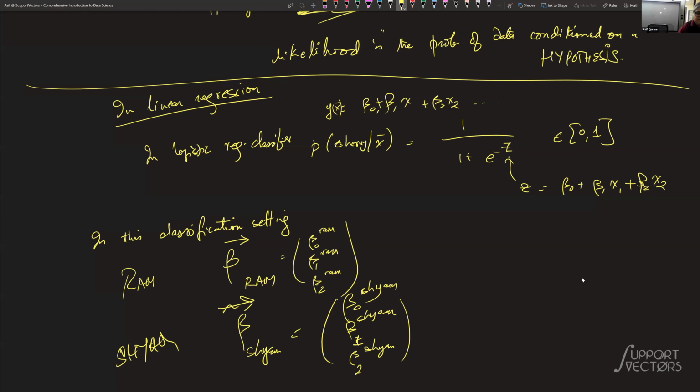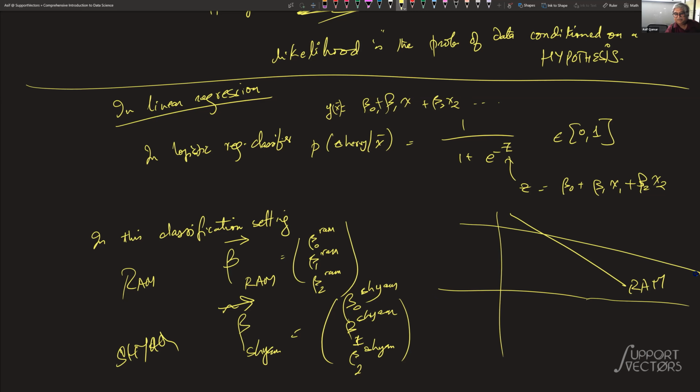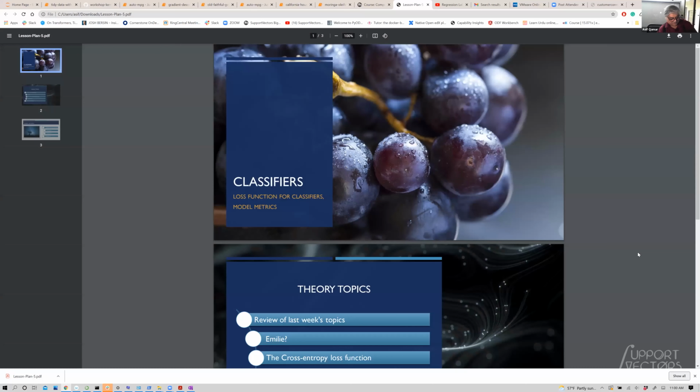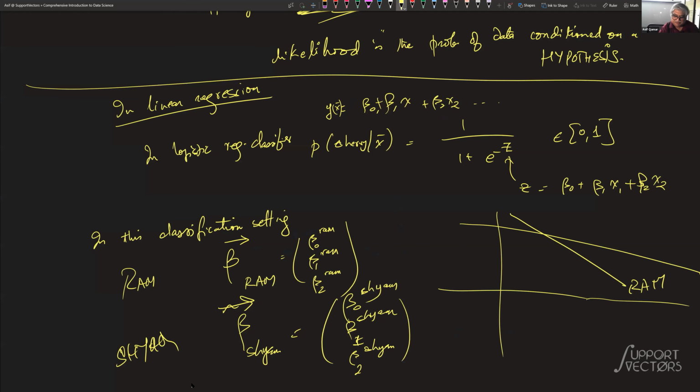So for example, in the hypothesis plane, this may be Ram, and this may be Shyam's hypothesis. For the same data, there are some blueberries here, and some red berries, some cherries here and there.